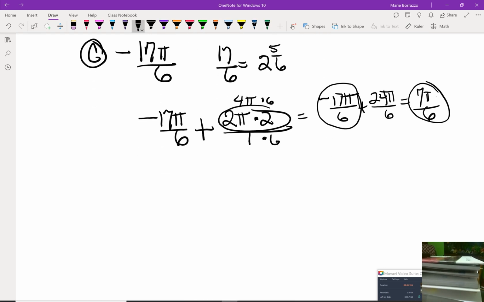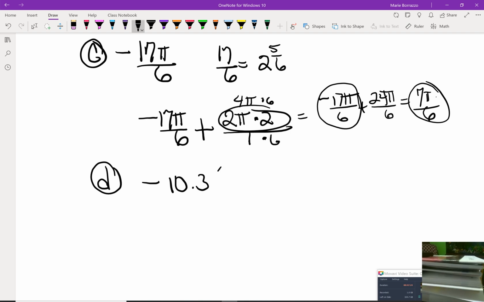Okay, in part D, they're giving us negative 10.3 as a value. In this case, if you remember, 57.3 degrees is equivalent to 1 radian. So all you have to do is basically multiply by 57 degrees and you get negative 587.1 degrees, and that is coterminal.